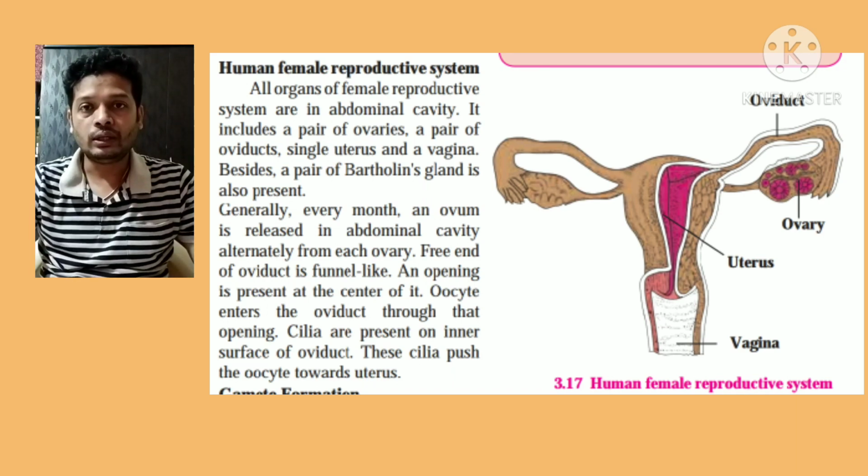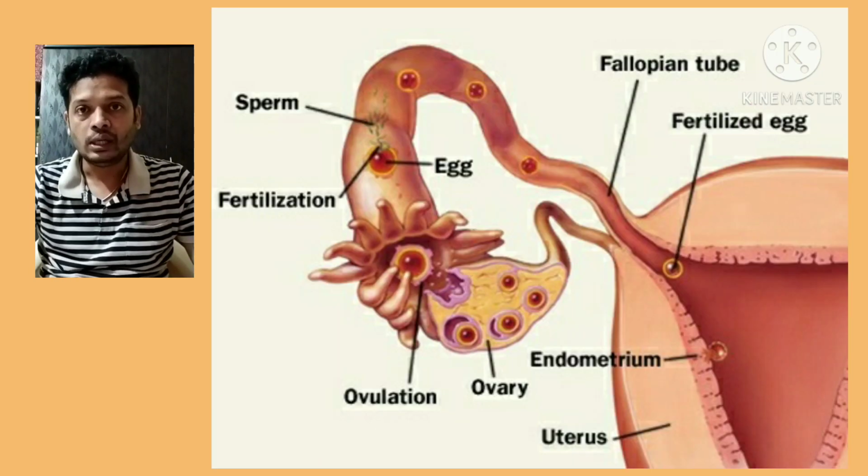During this route, if reproduction occurs, or if copulation occurs, if the human male deposits the sperms in the vagina of the female during this time, then the sperms travel into the oviduct where fertilization occurs.